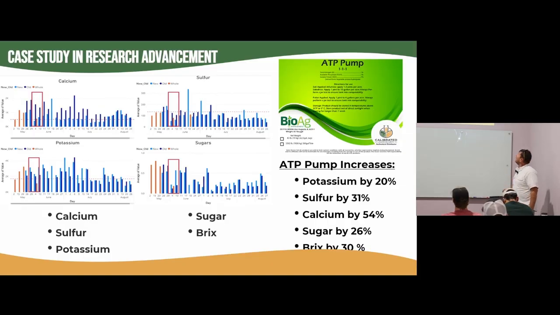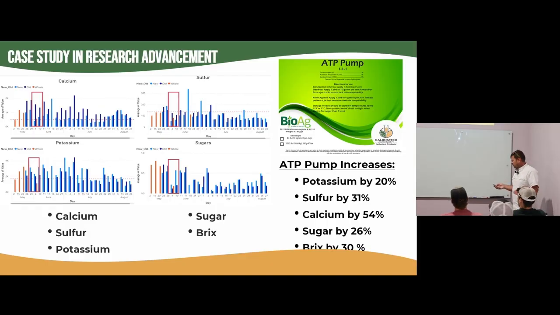So we went to work developing something. ATP Pump is a product. It's derived from corn, from distiller's grain, and then we've added several other things to it. It is a biostimulant, an amino acid grain extract per se.